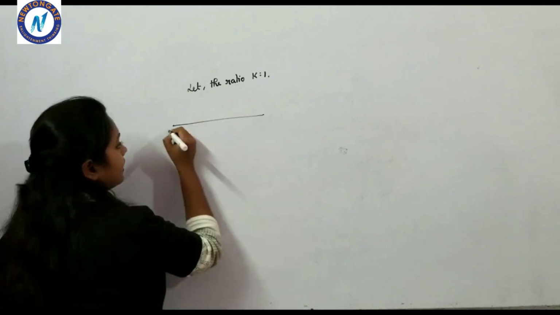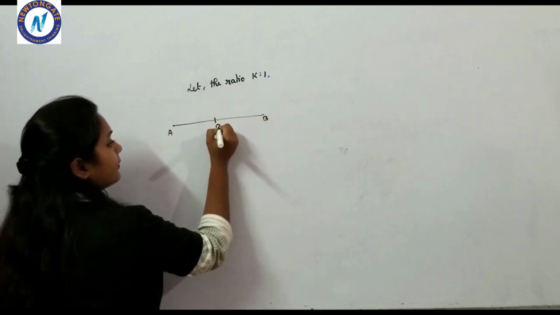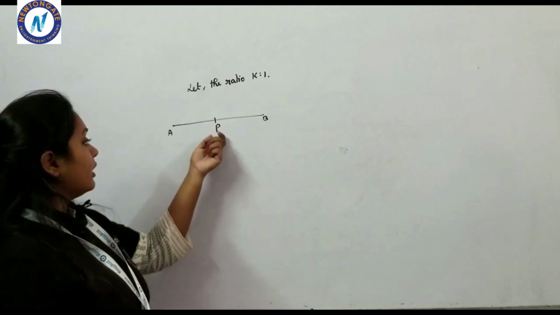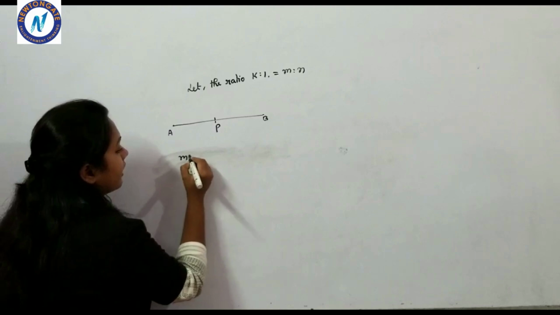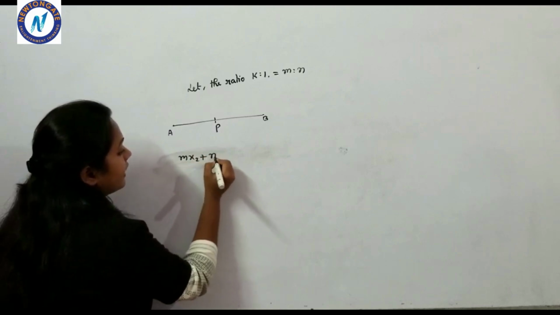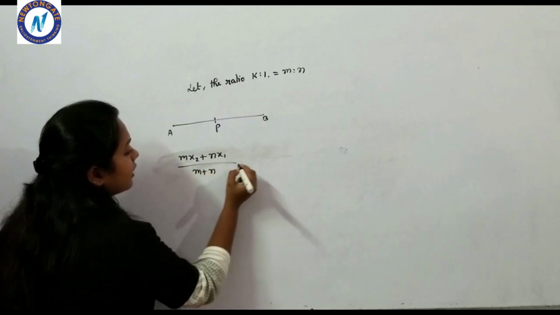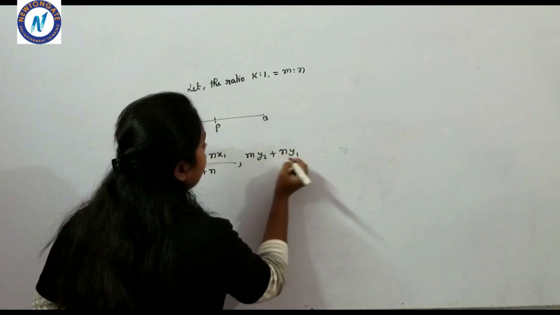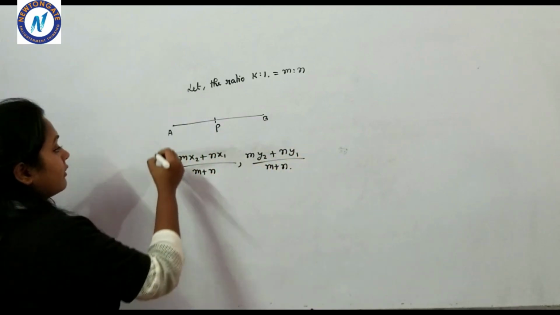Then here is the point A and here is the point B. They divide the line x minus y minus 2 at the point P. The coordinate of P is (m x2 plus n x1) by (m plus n), comma, (m y2 plus n y1) divided by (m plus n). Now we put the coordinates of A.